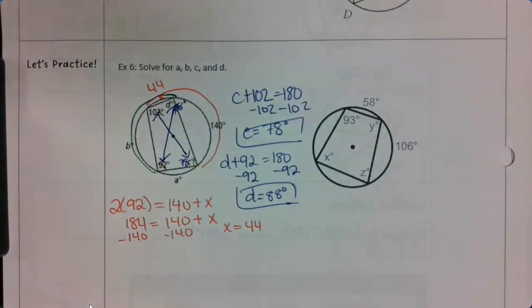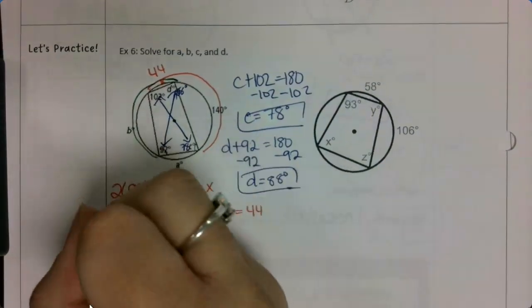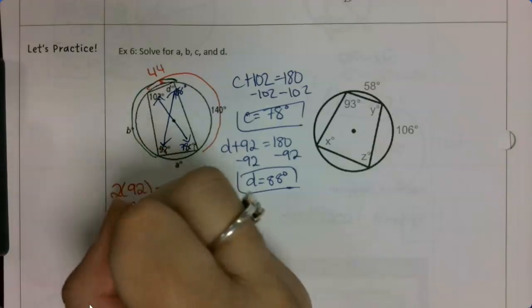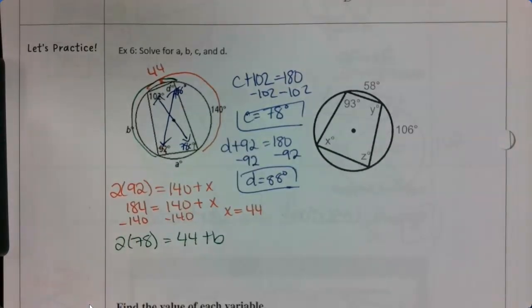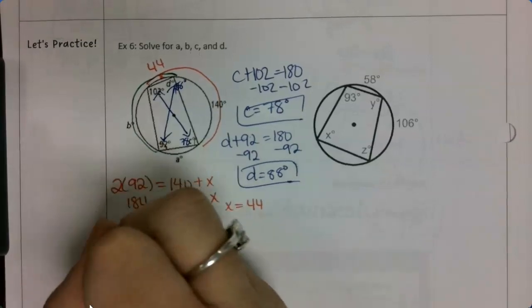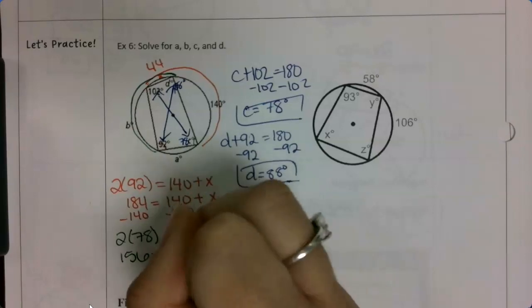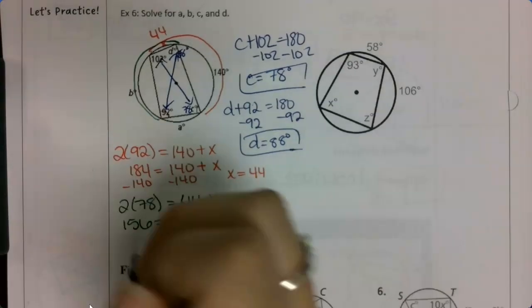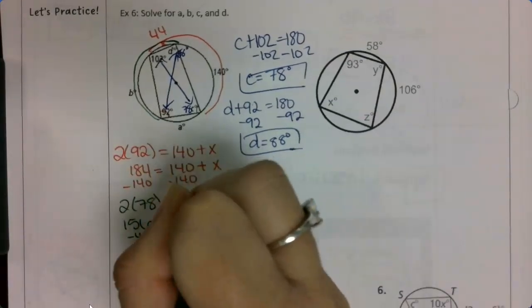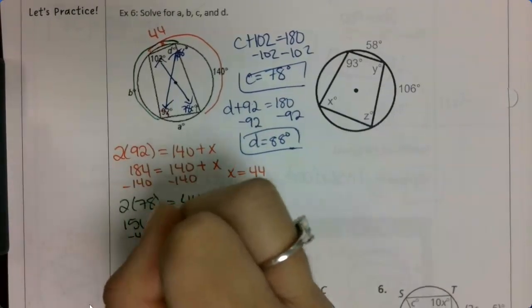So it overlaps with that 44 and the B. It's going to be 2 times my C angle, which was 78, and that's going to be 44 plus B. So 2 times 78 is 156. And then I subtract 44 to get 112.